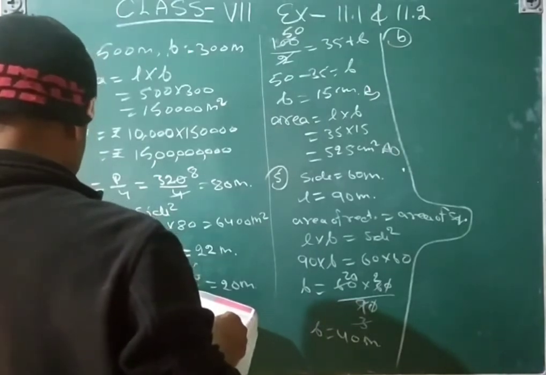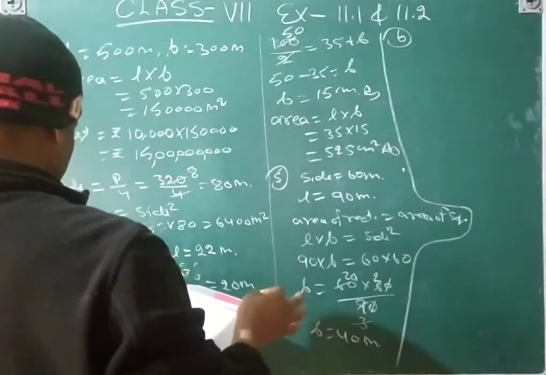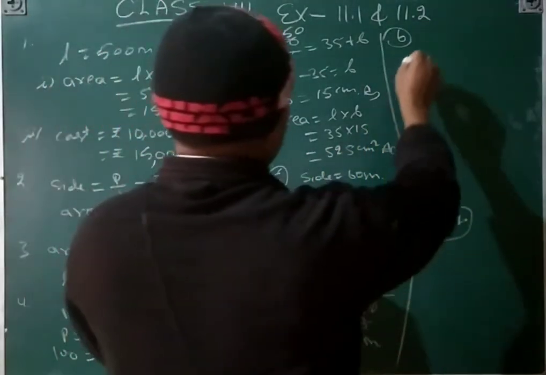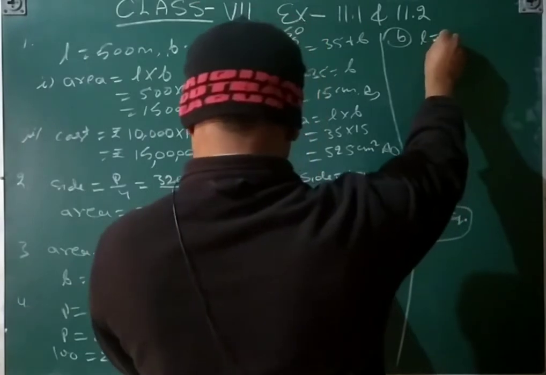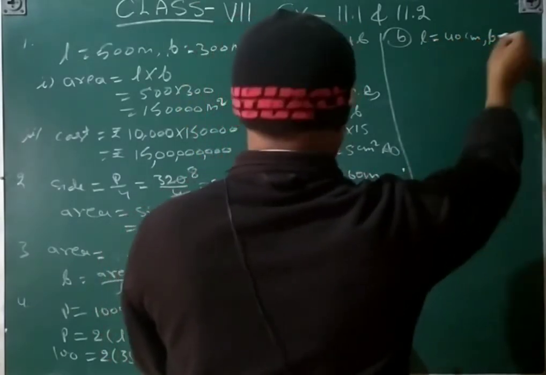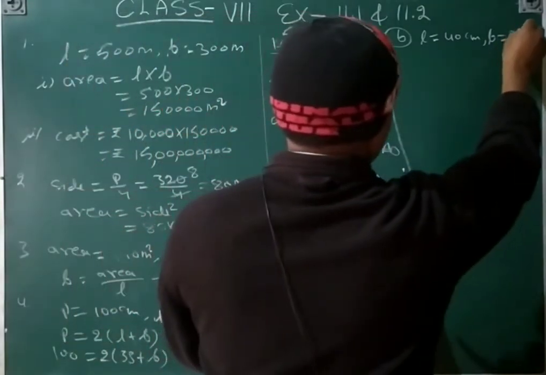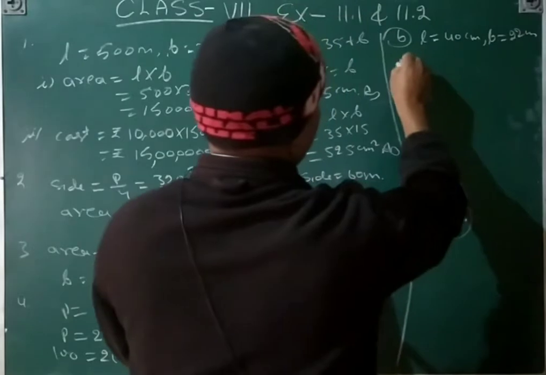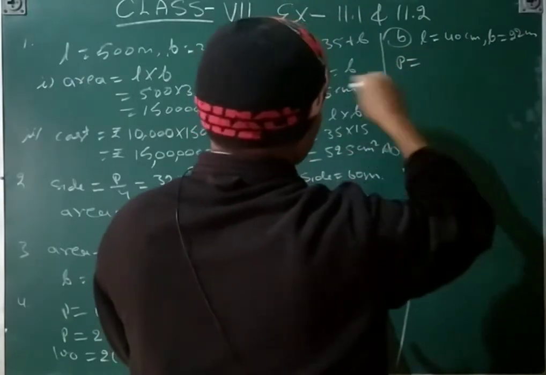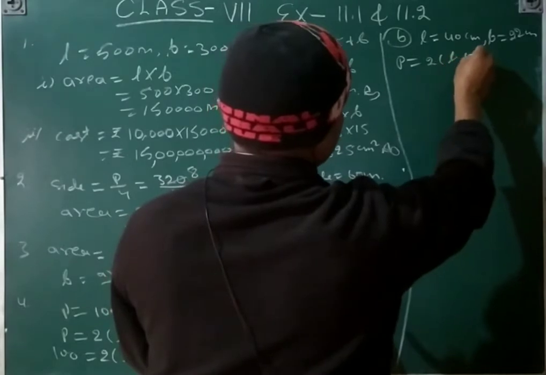Also find which shape encloses more area. So length is 40 centimeter, and breadth is 22 centimeter. So perimeter is equal to 2 bracket L plus B.